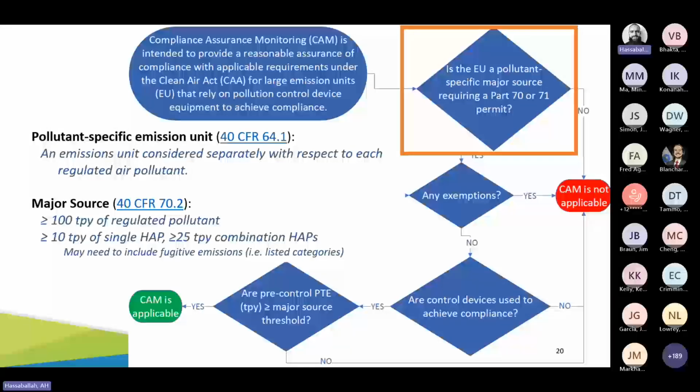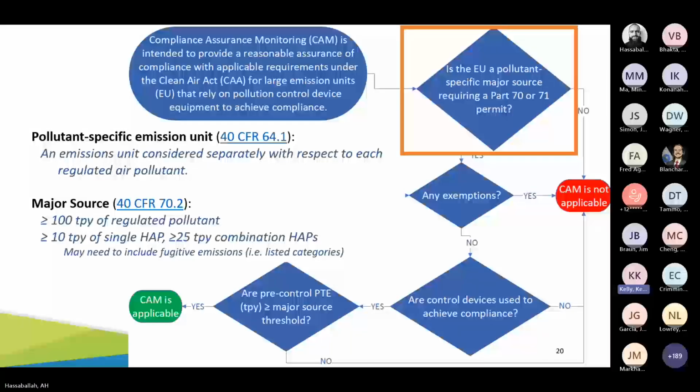Or are you suggesting the total of the coating lines have one emission unit? They have one emission limit. Yeah. Since they have one emission limit, it applies to that group of equipment.